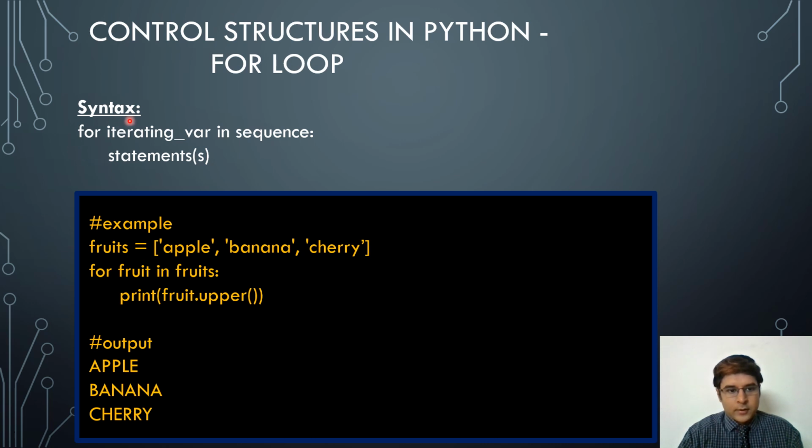The syntax is: for iterating variable in sequence, statements. The example is a fruits list, and for fruit in fruits we can print the required output, which will output like this.